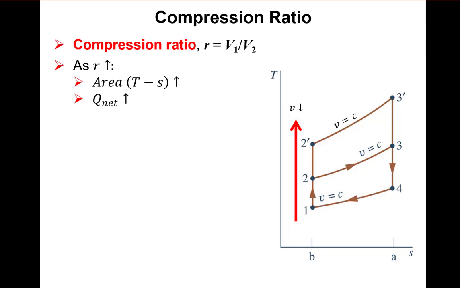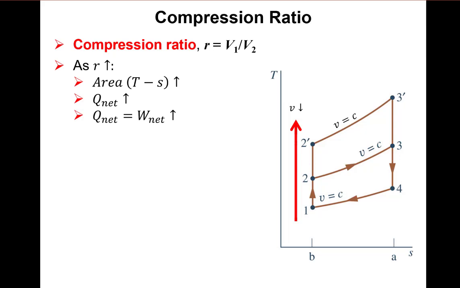So if I increase my compression ratio, I'm increasing my net heat. But if I'm increasing my net heat, I'm also increasing my net work. So this means if I have two engines and the speeds are the same, and I increase my compression ratio, then I'll get more power.